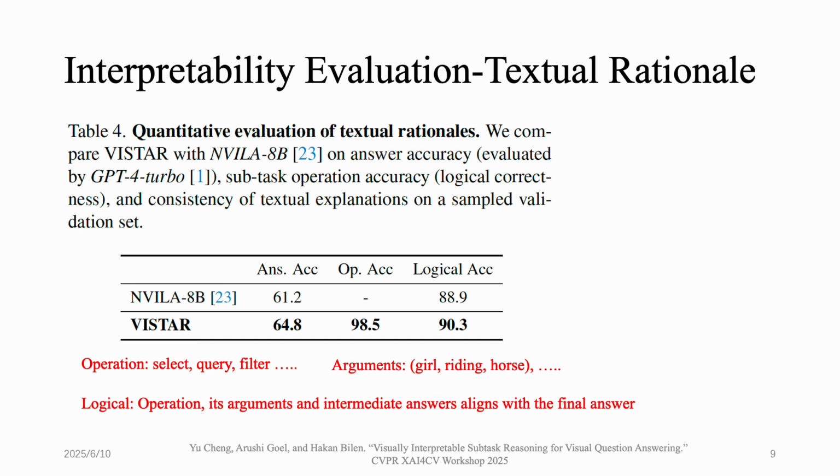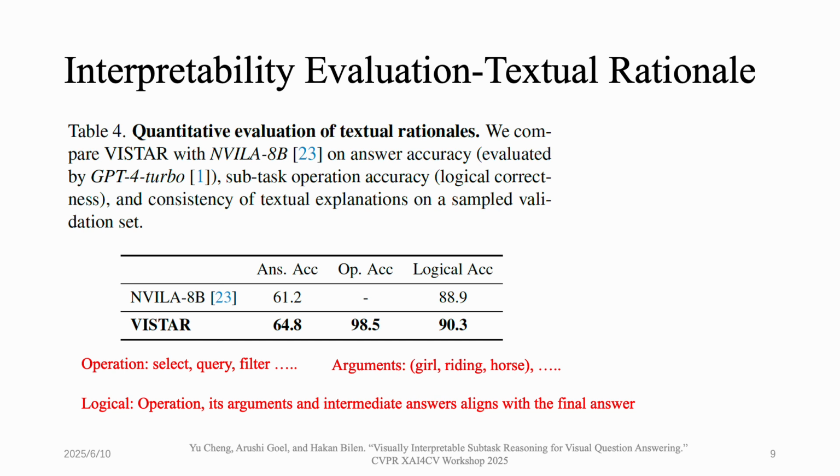And for operation accuracy, to ensure a fair comparison, we evaluate without arguments, comparing our model's predicted subtask of thought with the ground truth annotations. It specifically measures whether each reasoning step, like operation prediction, aligns with expected subtask operations without considering detailed arguments.